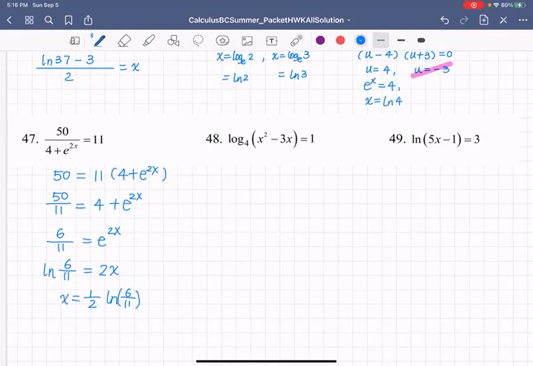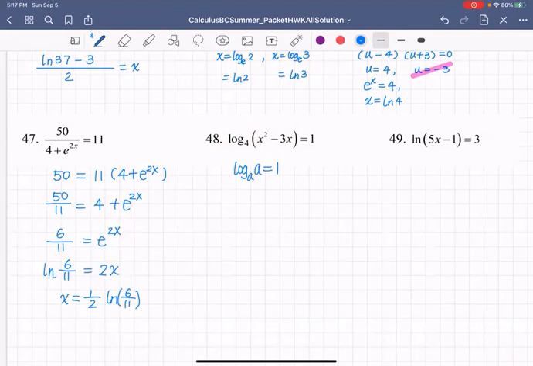So then 48. Go ahead. Look, log a of a equals 1.